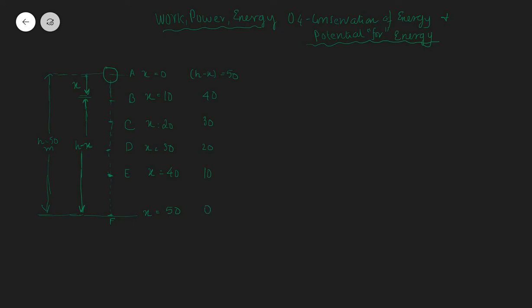So this is the height the ball is above the ground, and x is the distance the ball has fallen from the top, right?